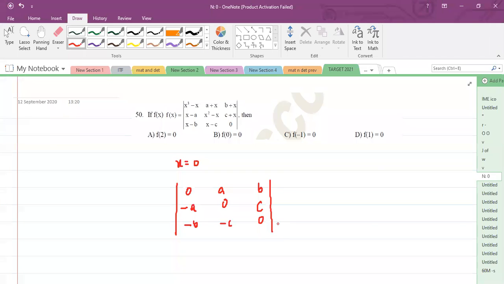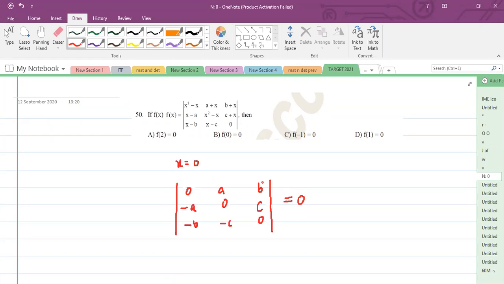Okay, so I can write this determinant is equal to 0, because I have one shortcut for CET: the value of the determinant of a skew symmetric matrix of odd order is always 0.